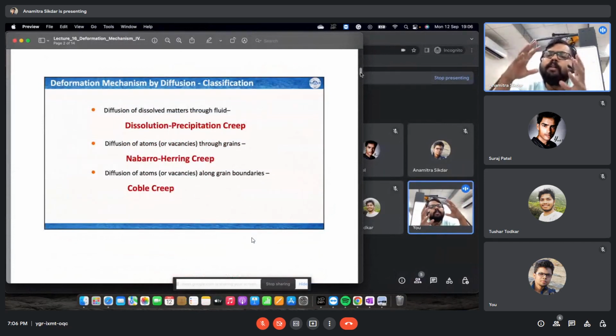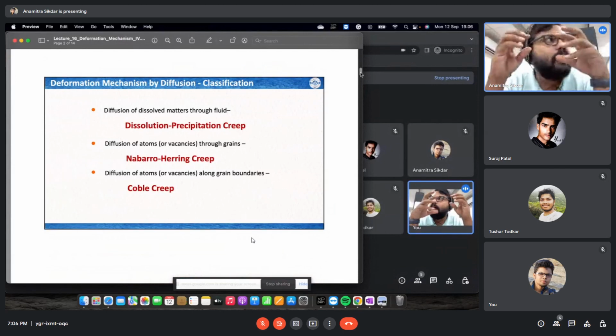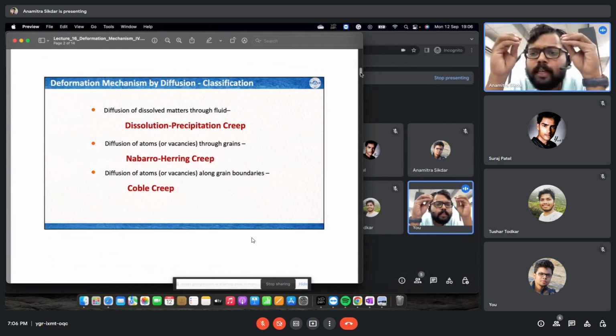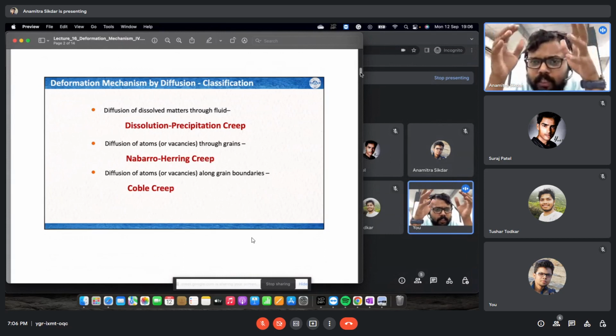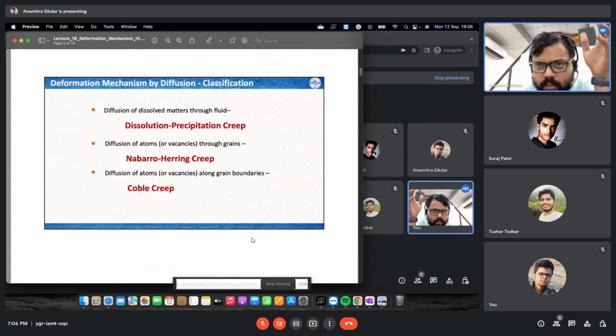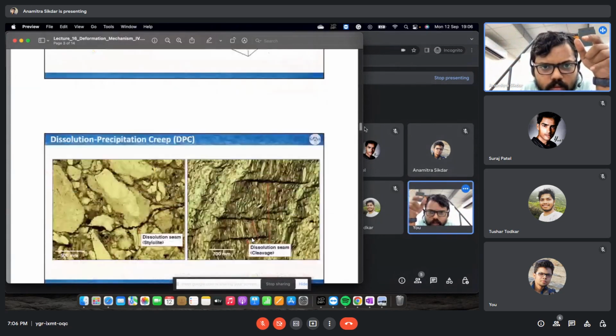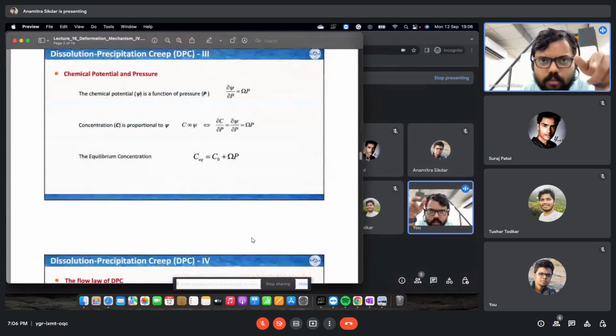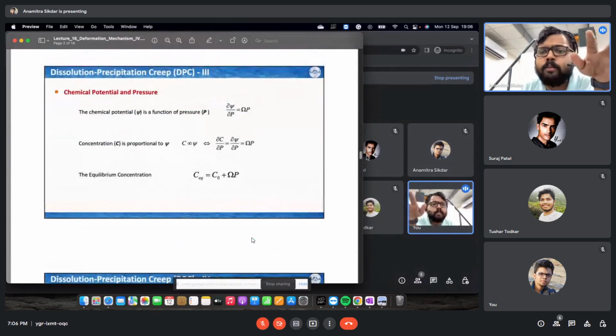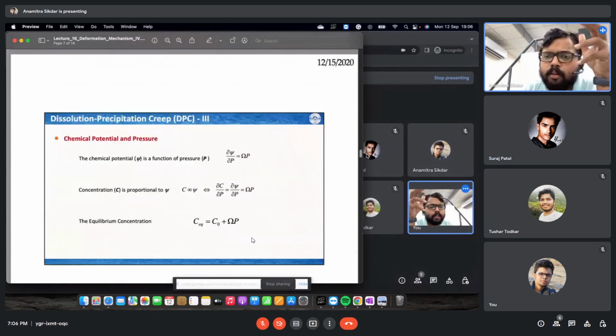If we apply pressure, the concentration of that particular phase at that particular space is increased, because the pressure term is there inside the equation. Due to this pressure term, the concentration is more than the equilibrium concentration, and it gets dissolved, right?